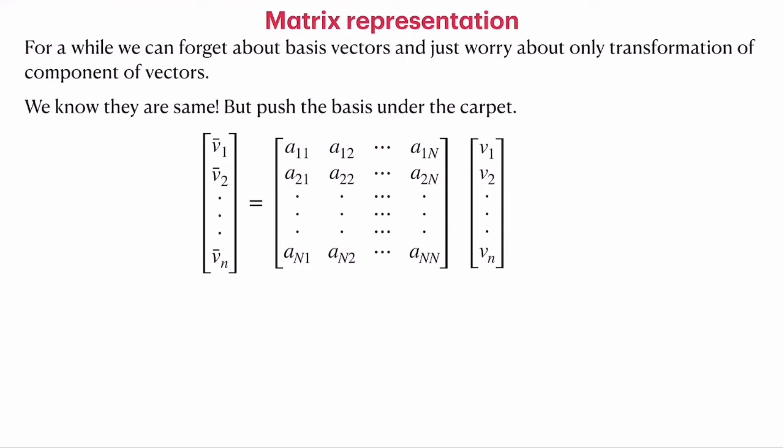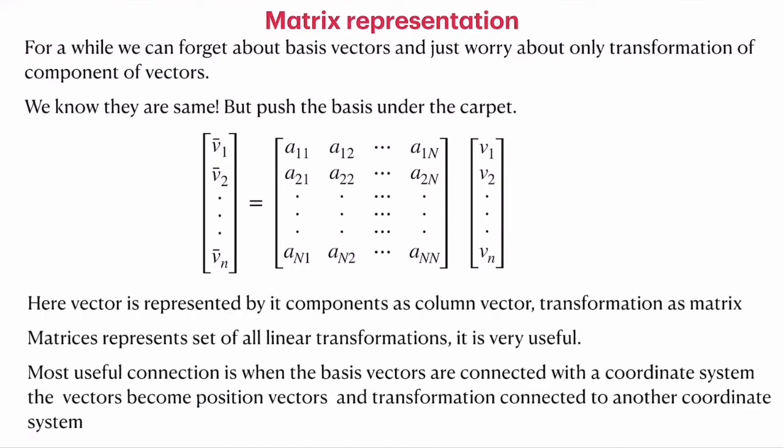So in this case the vectors are represented by the components of the corresponding basis as a column vector. On one side we have the E basis and on the other side the F basis, and the transformation is given by matrix multiplication.